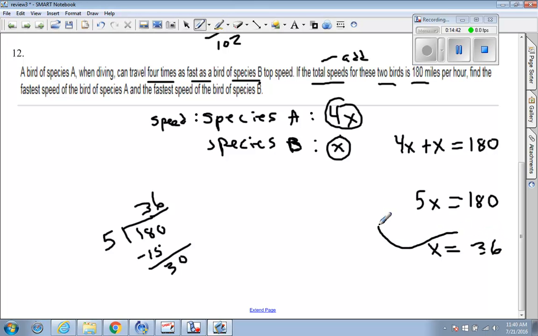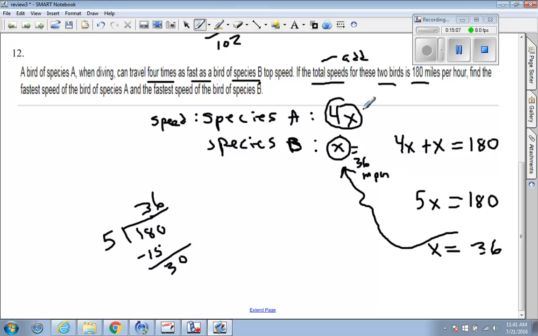And then you go back and look at your key. That's why it's important to make a key. So the speed of species B is 36, what is it, miles per hour? Yep. Okay, so I always go back and label it here. So this one came to be 36 mph.